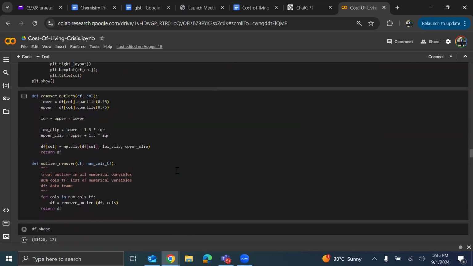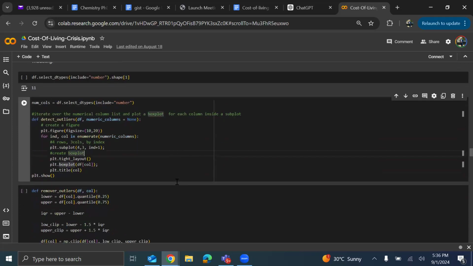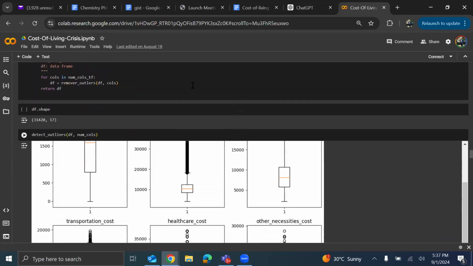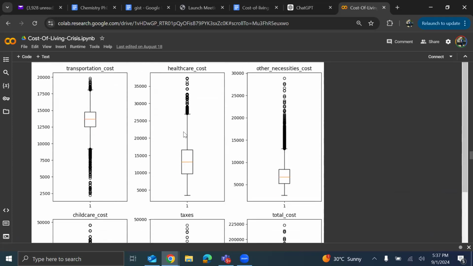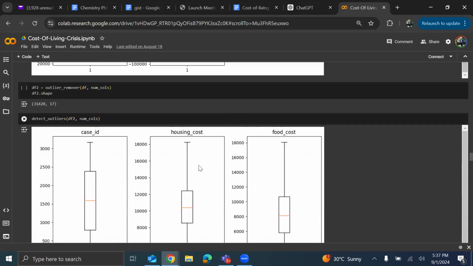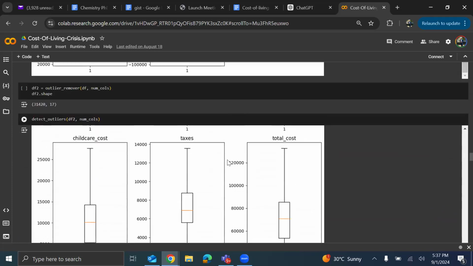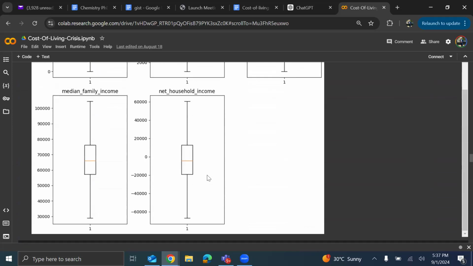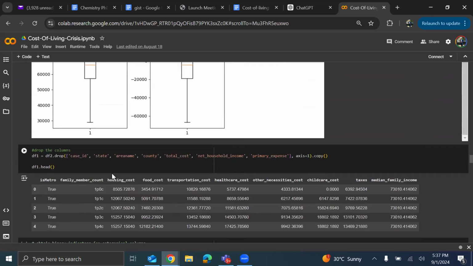So the first thing was to drop the outliers, because outliers can affect modeling a great deal. I checked for outliers, and you can see that we have a lot of outliers. So I treated the outliers, and you can see that we no longer have outliers here. Then I dropped the unnecessary columns. I don't need the case ID.